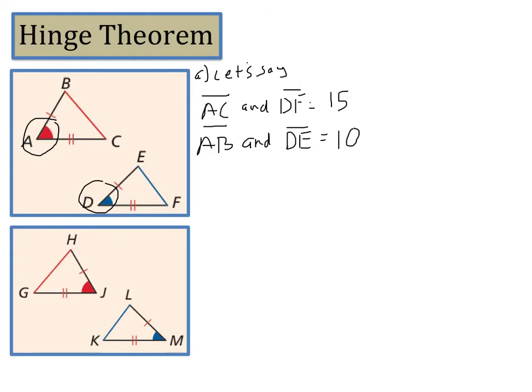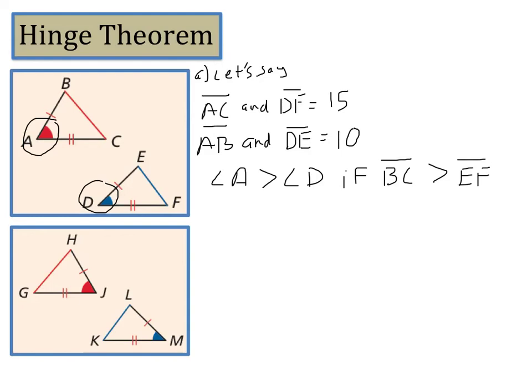Now, if I know this about both of these triangles, but I don't know what the measures of these angles are, I know that the measure of A will be greater than the measure of D if side length BC is greater than side length EF.